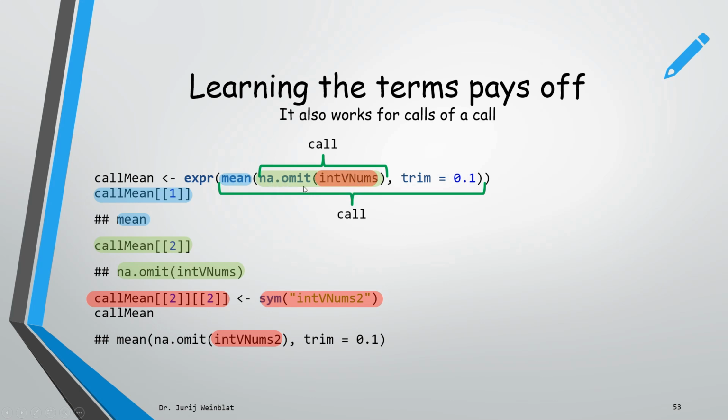First position would be NA omit. So please go to the second position of element number 2, and this is the new value which it should have. Now we specify int v nums 2, and if we have a look at the outcome, we see that it's no longer int v nums, but int v nums 2.